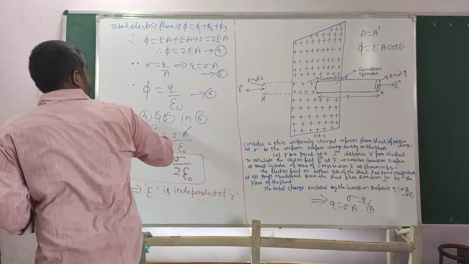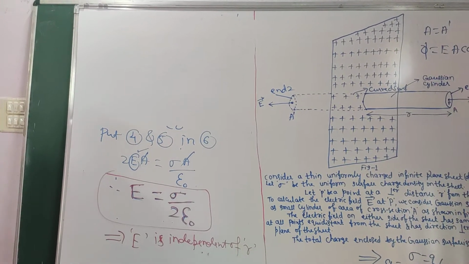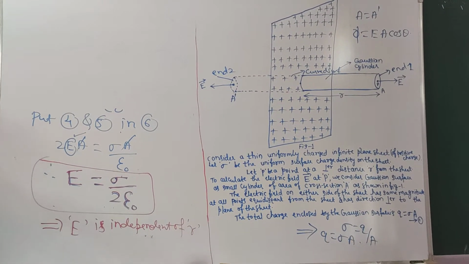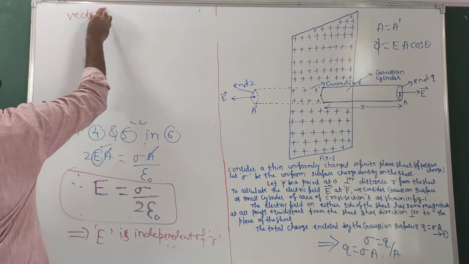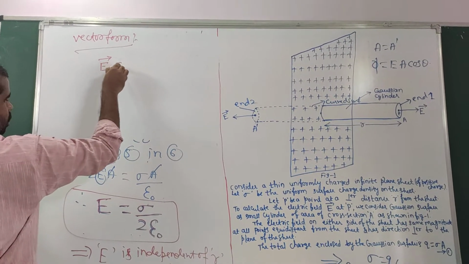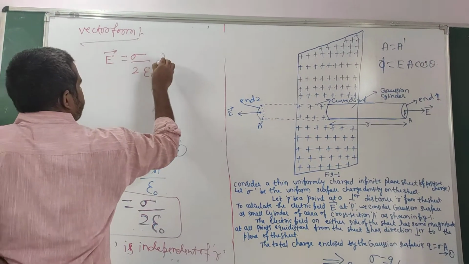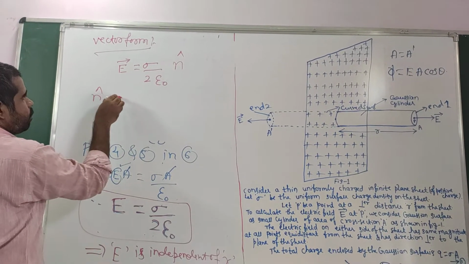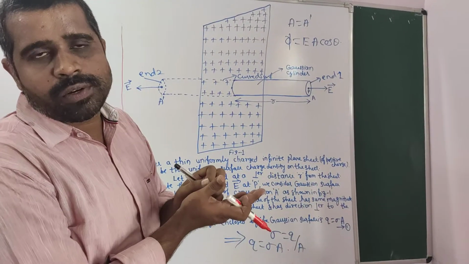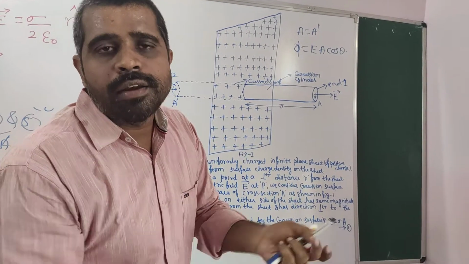In vector form, E vector is equal to sigma divided by 2 epsilon naught into n cap, where n cap is the unit vector normal to the plane of sheet.